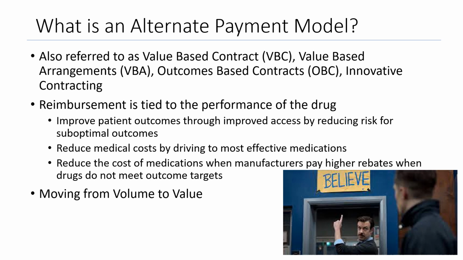So they're easier for the doctor to prescribe, and they incentivize the doctor to prescribe those preferred drugs. And then those preferred tiers have lower copays or lower coinsurance for the members to incentivize those members to take them.